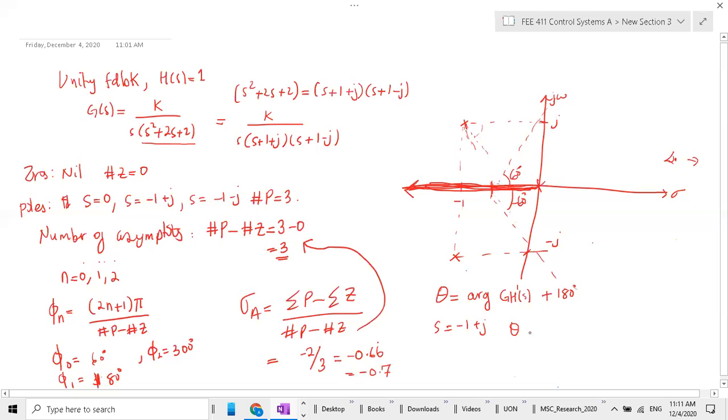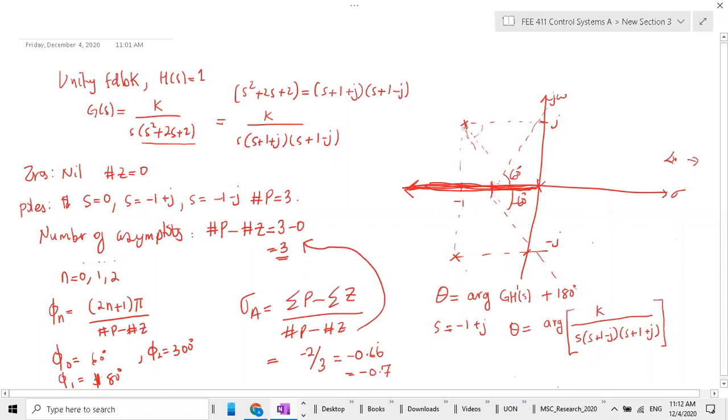In short, the way we do it is we know our K, so we say argument of K over S, S plus 1 minus j, S plus 1 plus j. This point is actually S plus 1 minus j, right?